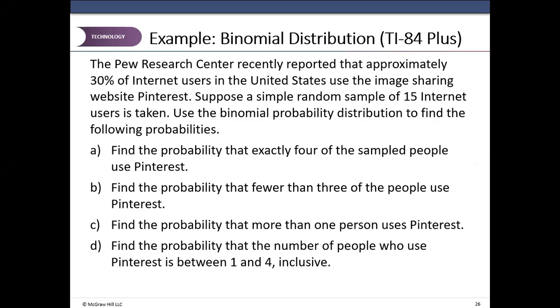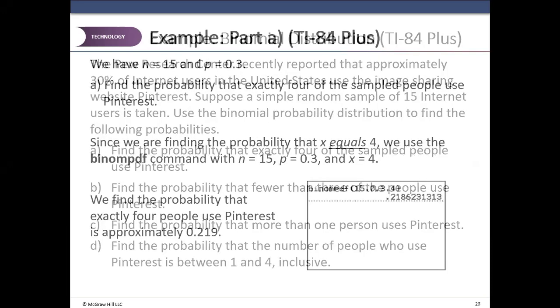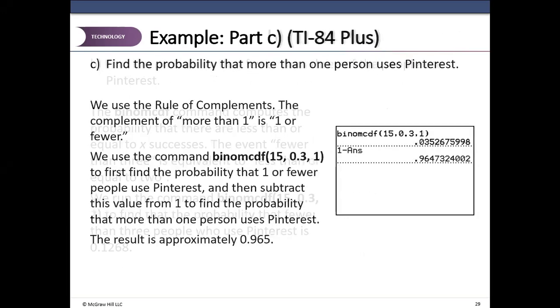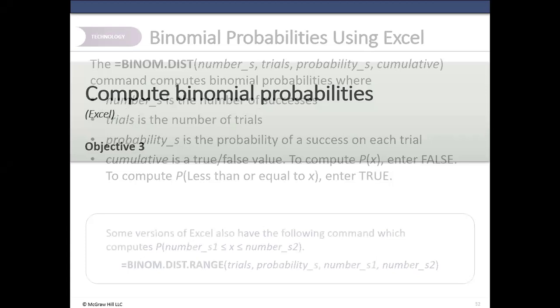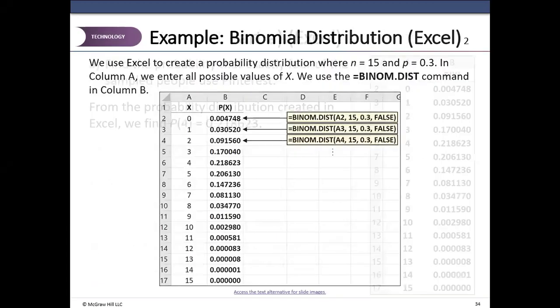So minus second verse, you go to binompdf and enter number of trials 15, probability of success is 0.3, and I just want to remove x value 0. And paste, enter, and enter. And the answer is 0.5107, or 0.511. Okay.